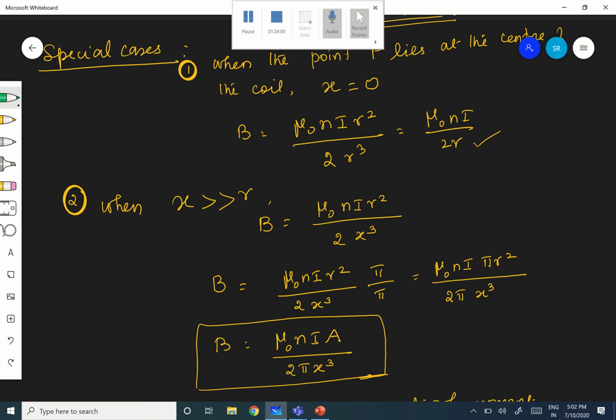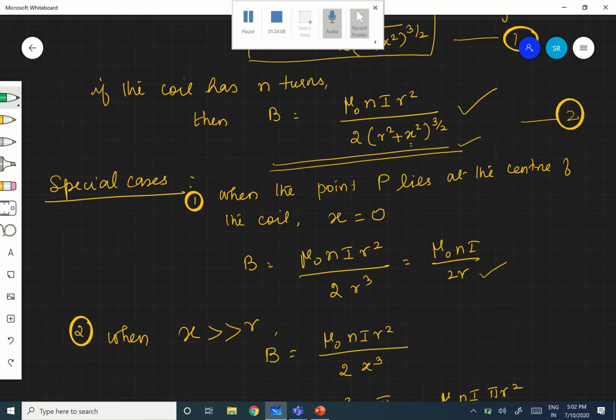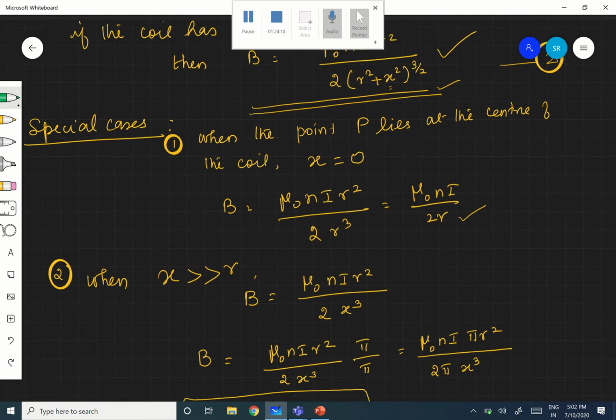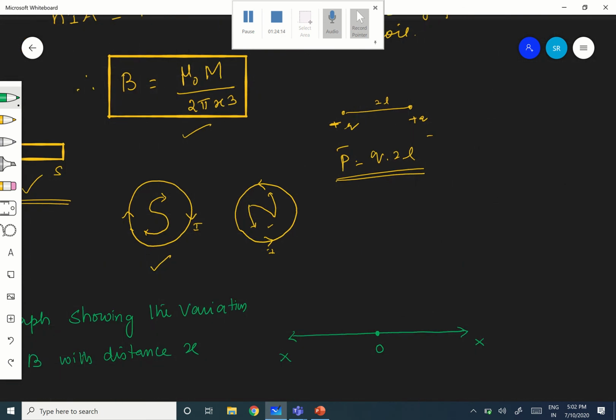Otherwise it is mu naught I r squared by 2 times (r squared plus x squared) the whole power 3 by 2. But here it is 2r. Therefore, the field is maximum only at the center of the coil.